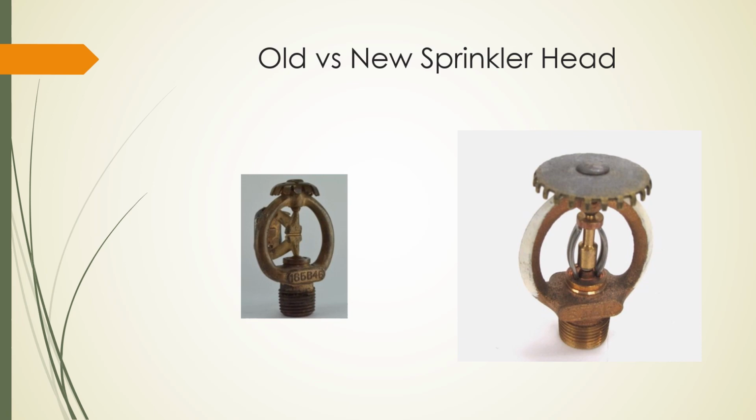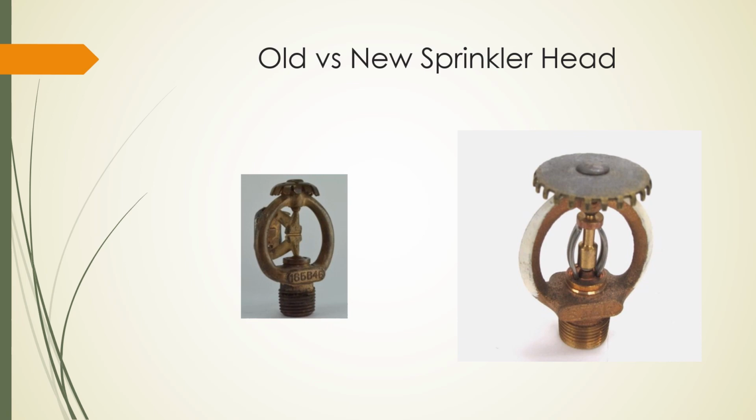And in the old style head, the pre-53 head, the deflector allowed for 40% of the water to be directed upward. And the purpose behind that was based on the consideration that much of the construction was combustible, and the water hitting the ceiling provided a cooling and extinguishment factor for the ceiling, as opposed to the newer 53 models with the larger deflector that directed the water downwards.